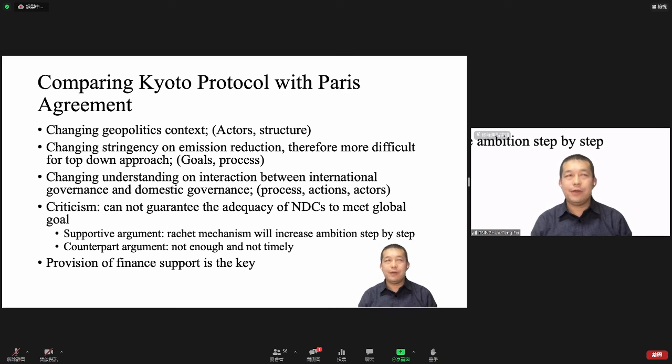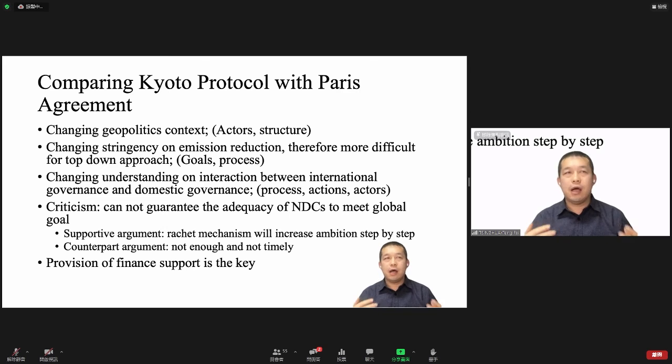We also argue that because of the changing stringency of emission reductions, it is more difficult to use a top-down approach. In the Kyoto Protocol era, it was possible because the emission reduction was not very stringent. But right now, we only have a very limited carbon budget. So a top-down approach of negotiating a target through international negotiations is almost impossible at this moment. And that is why we need to base it on a nationally determined approach.